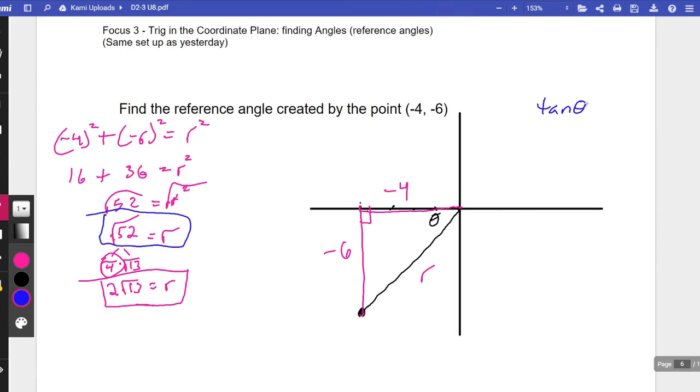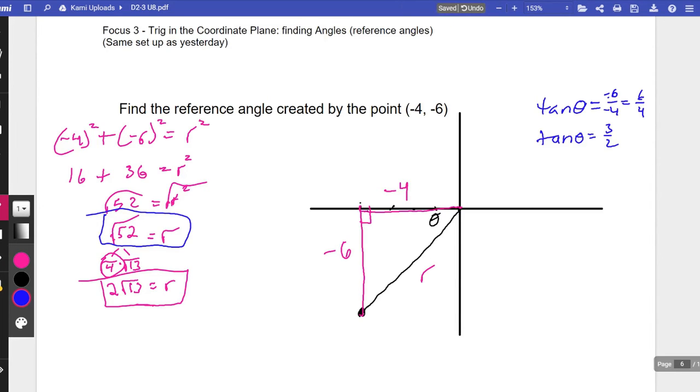I would just set up the equation saying tangent of theta is equal to -6 over -4, which, they're both negative, so it's positive. And 6/4 could be reduced. Doesn't really matter, but I'll do it anyway. It's 3/2.